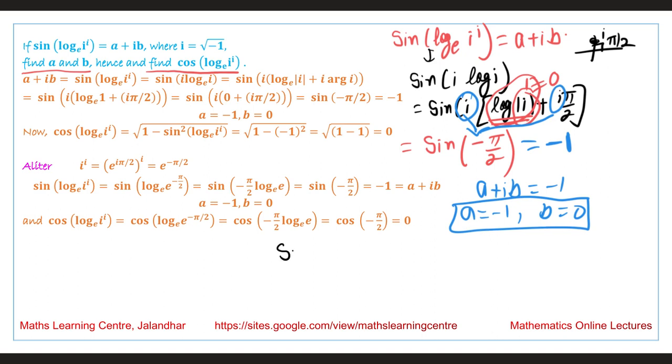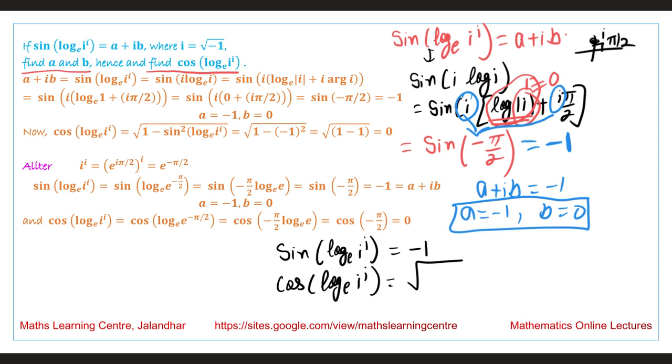Next, we have to calculate the value of cos of this term. We are saying that sine of log of iota raised to power iota is equal to minus 1. So cos of log of iota raised to power iota will be equal to square root of 1 minus 1 square, since it is 1 minus sine square theta.